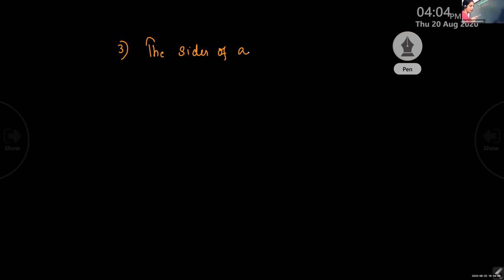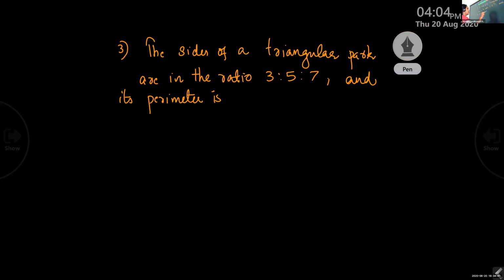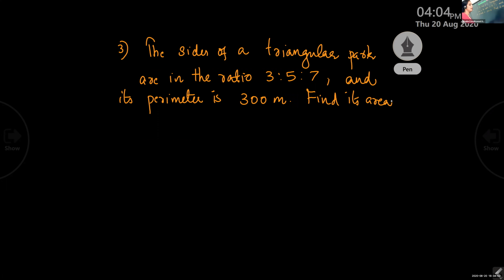The sides of a triangular park are in the ratio 3:5:7, and its perimeter is 300 meter. Find its area.